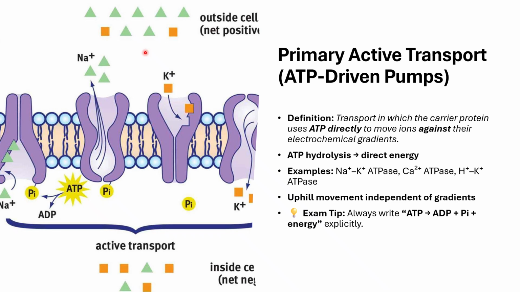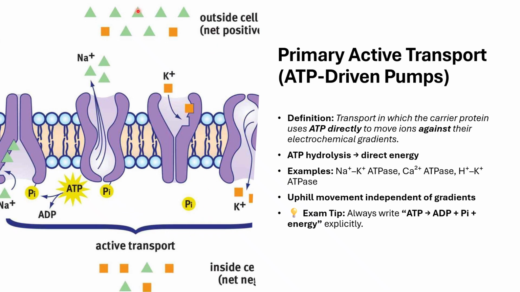For potassium, the electrochemical gradient should flow from intracellular to extracellular due to the higher concentration of potassium ions intracellularly than extracellularly. But what the active transport does is push the potassium against its electrochemical gradient, from extracellular to intracellular.